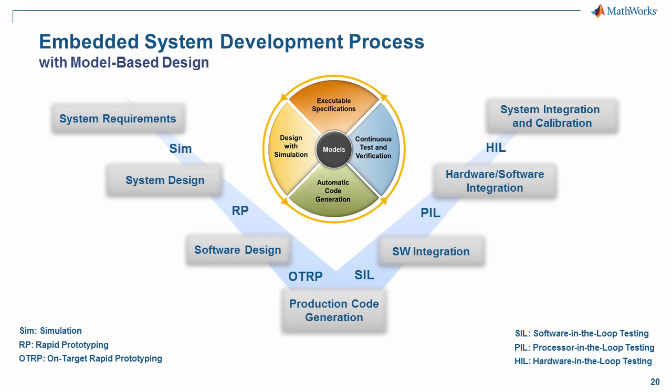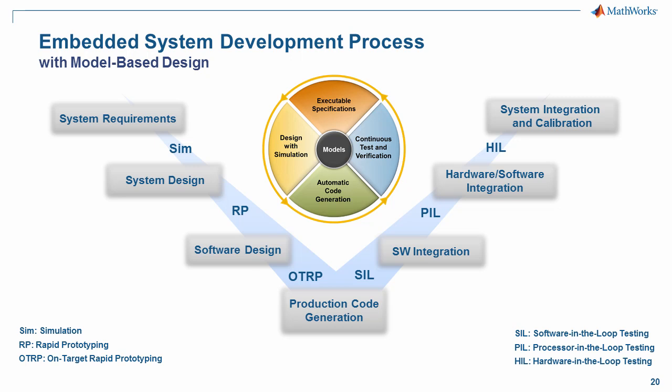Here you see a development process V model, which is one example how a development process can be described. The benefits of model-based design, which we discussed in the slide before, can be applied during the whole development process, starting from the requirements over the system and software design, production code generation, integration, and calibration.